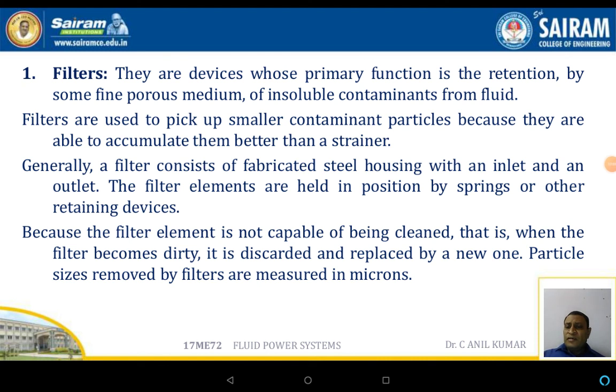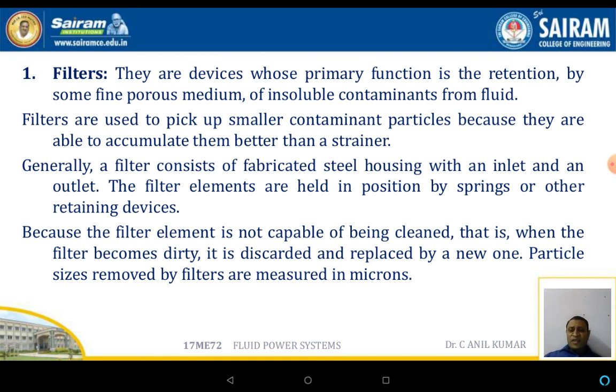Filters. They are devices whose primary function is the retention, by a fine porous medium, of insoluble contaminants from the fluids. The filters are used to pick up smaller contaminant particles because they are able to accumulate them better than the strainers. Generally, filters consist of a fabricated steel housing with an inlet and an outlet.